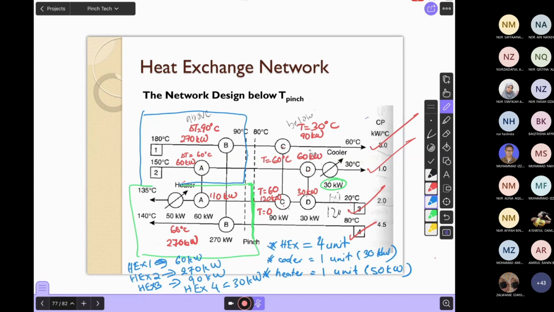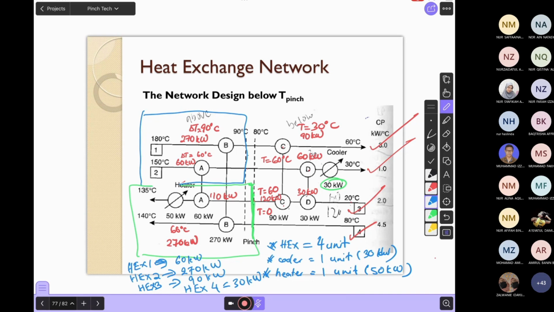you look for the heat exchanger specification that you require. Nampak? You as a process engineer, you are dealing with the process. You know what temperature that is required by your stream for the process. It can be separation process, it can be a reaction process.